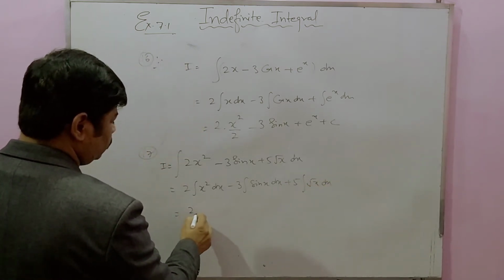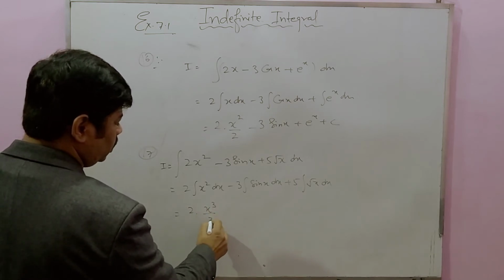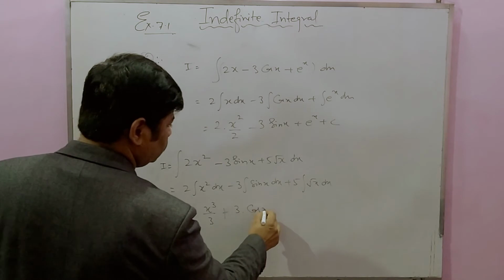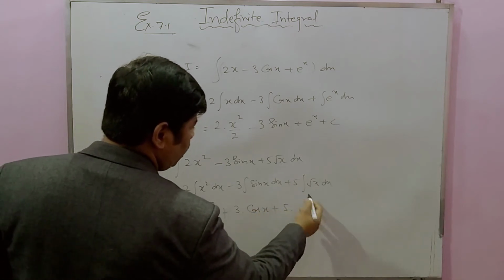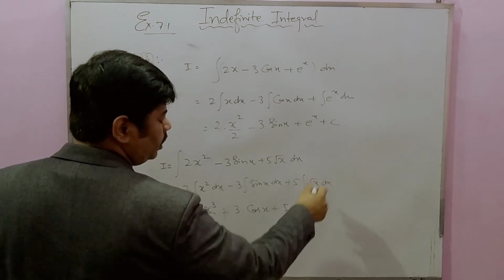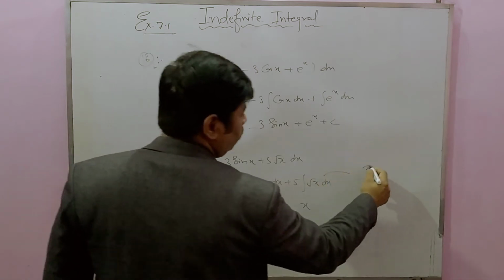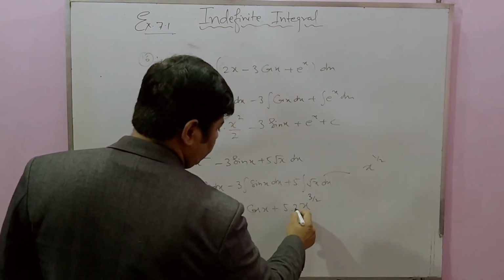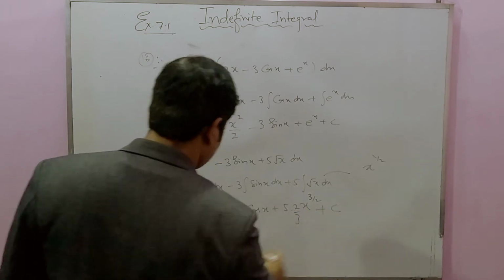Now the integration of x square is x cube upon 3, minus 3 times the integration of sin x, which is minus cos x, plus 5 x to the power 1 by 2. It should be x to the power 1 by 2, so 1 by 2 plus 1 is 3 by 2, and 2 by 3, plus c.